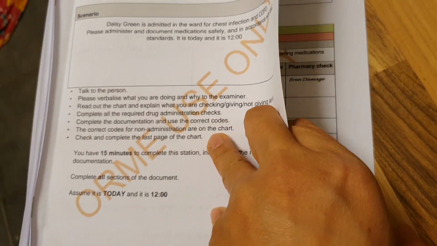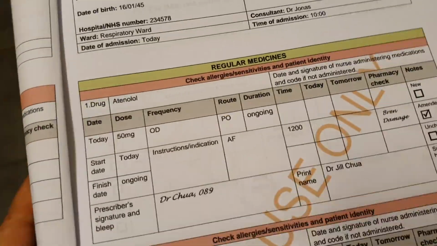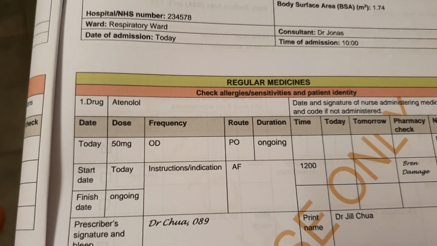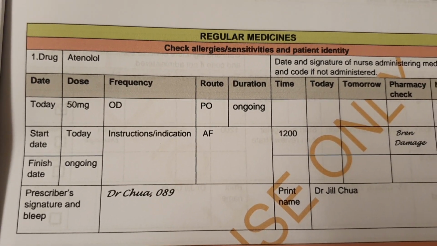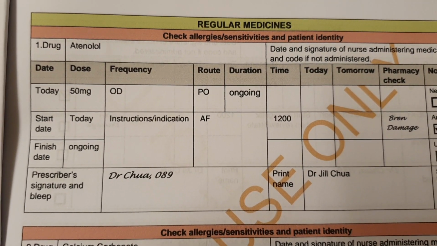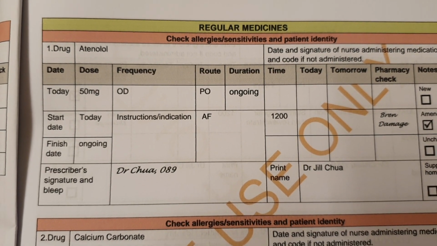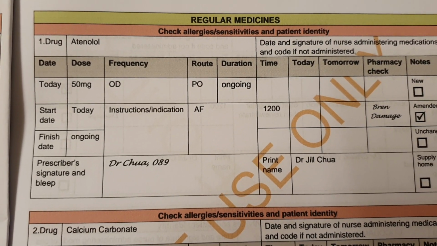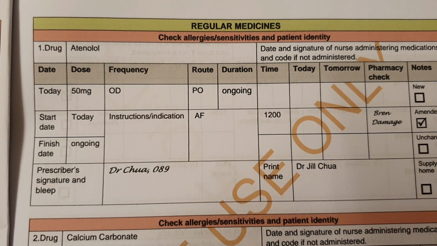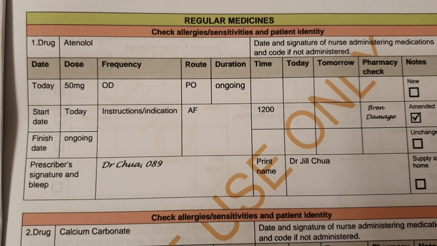Now, I'm ready to give the medication. Hello, Mrs. Daisy Green. I have here your atenolol. This is for your fast heart rate, and the most common side effects, which may or may not happen, are leg weakness. You could feel a little bit dizzy as well, but don't worry. I will come back half an hour later to check on your observations and ask how you are.